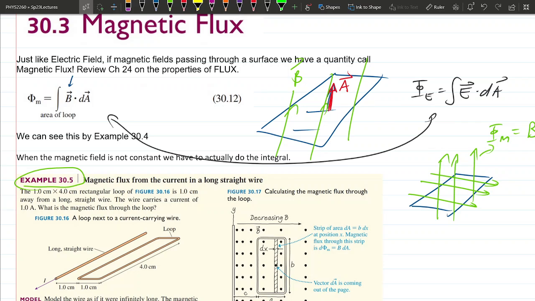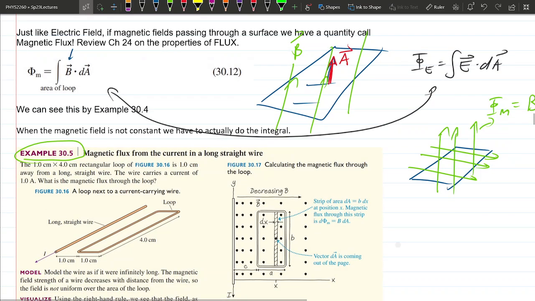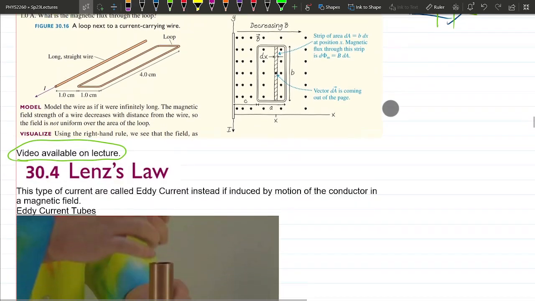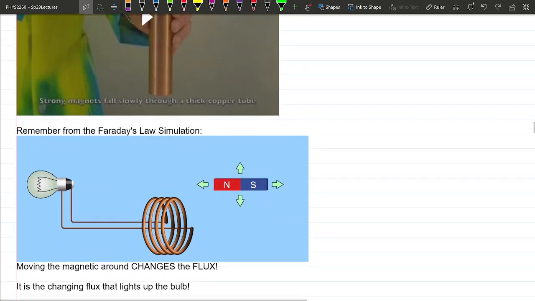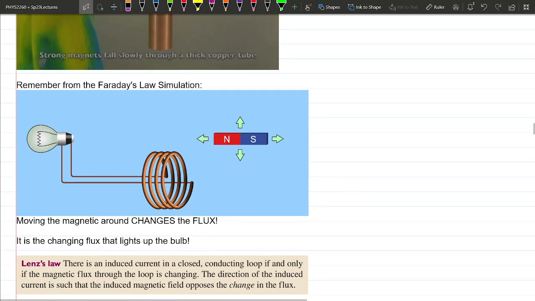We're going to use this in a slightly different way, because only moving charges interact with magnetic field, not still charges. So what we need is a changing situation. Okay, this is Lenz's law.